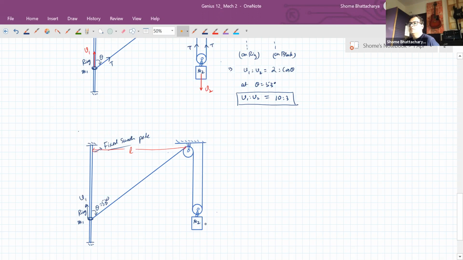But earlier, when theta was 37, let us say the system was at rest, but this theta was 37 degrees.